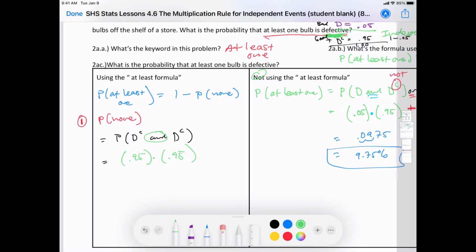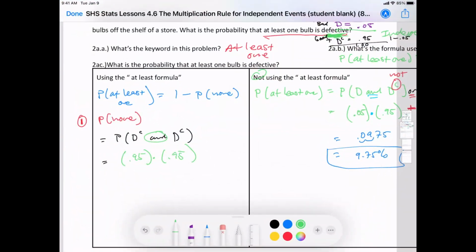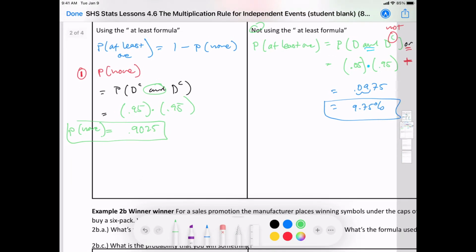Okay, so this would give us, let's put it on our calculator, 0.95 squared gives me 0.9025. Okay, this is the probability of none. And then the formula has at least one. And if you just do substitution, well, what's the probability of none?